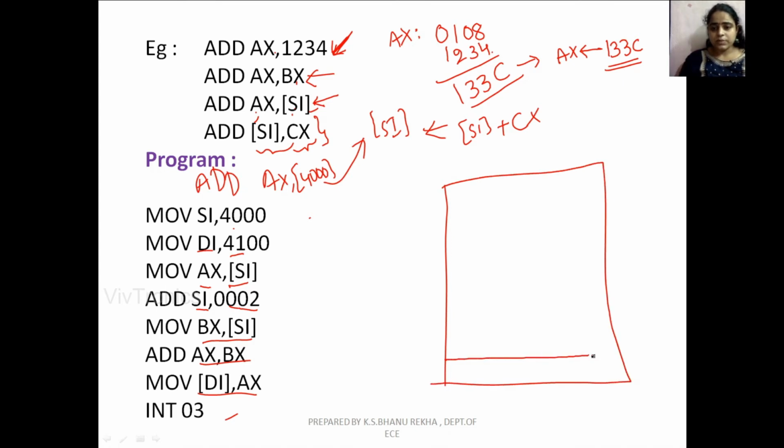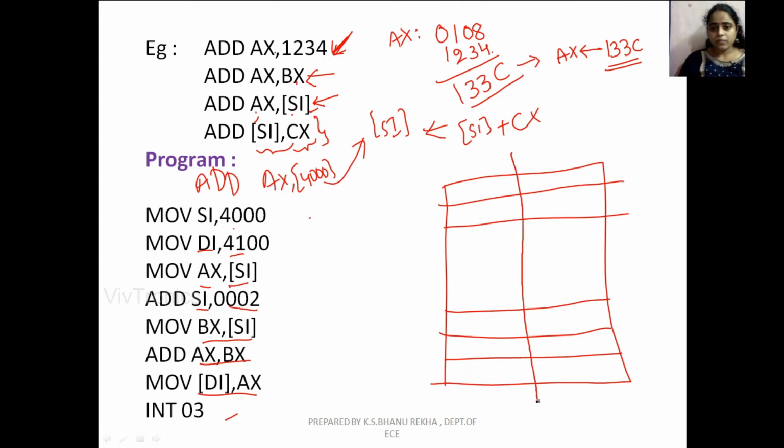This is the memory we are going to take: 4000 memory location, 4001, 4002, 4003, like that, and let us consider 4100 and 4101.